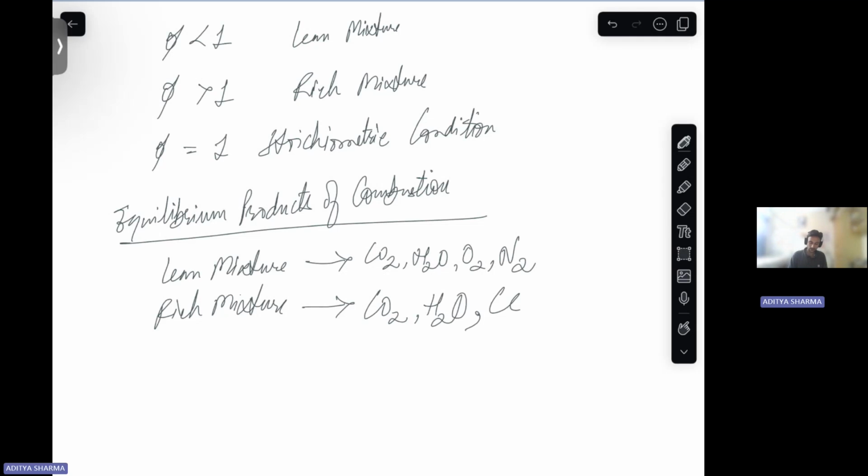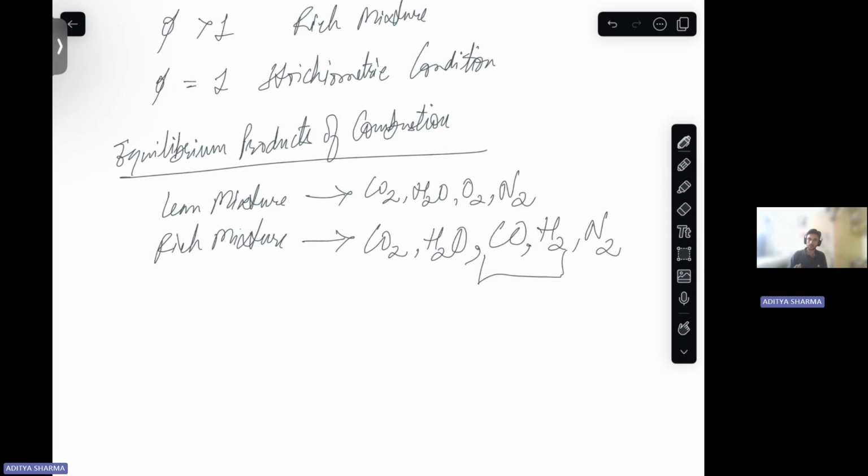The fuel will not combust totally, right? So some extra products you will get to see, right? For example, this carbon monoxide and hydrogen that you don't see in a lean mixture because total combustion of the fuel is taking place, right? So such type of discussions have been done in this equilibrium products of combustion.